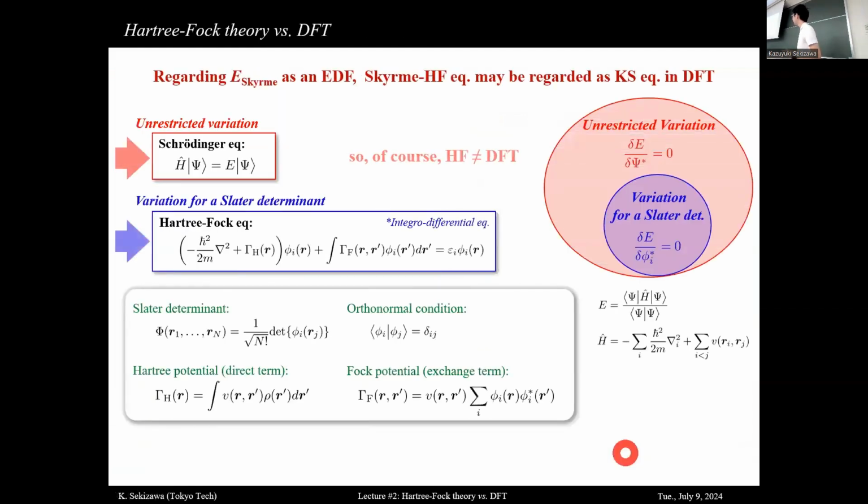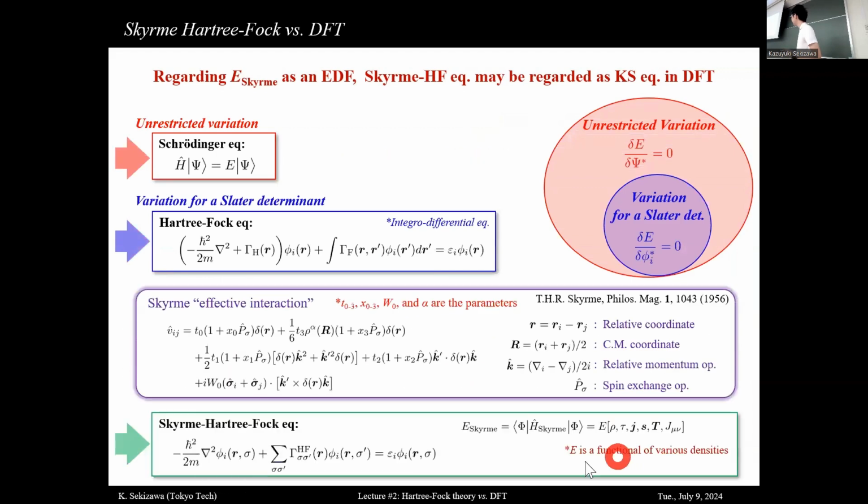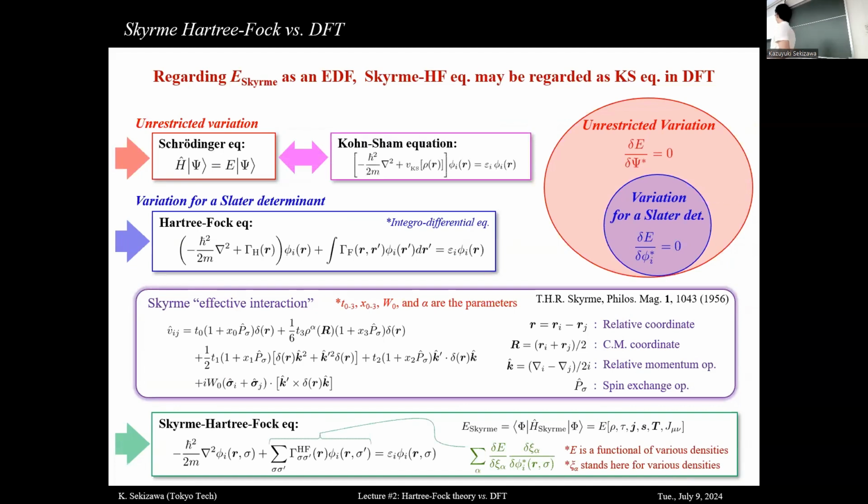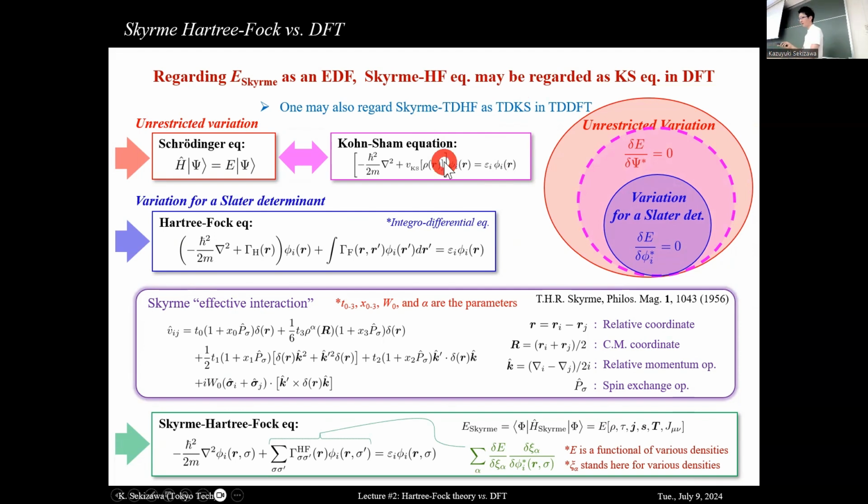By regarding this total energy given by the various densities as an energy density functional in the context of density functional theory, we can regard Hartree-Fock theory with the Skyrme effective interaction as a Kohn-Sham DFT. This is the reason why Hartree-Fock theory has been so successful in describing various nuclear properties.